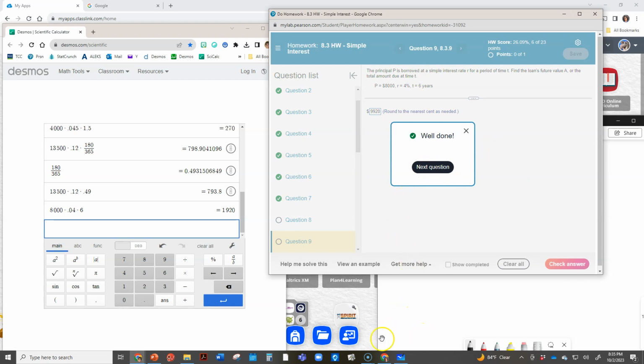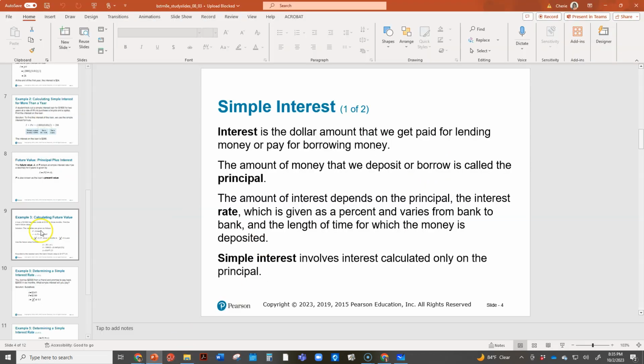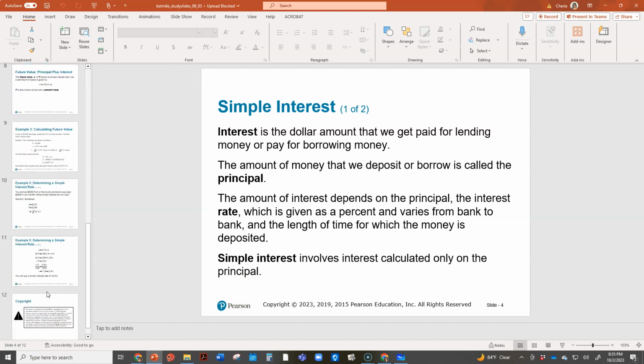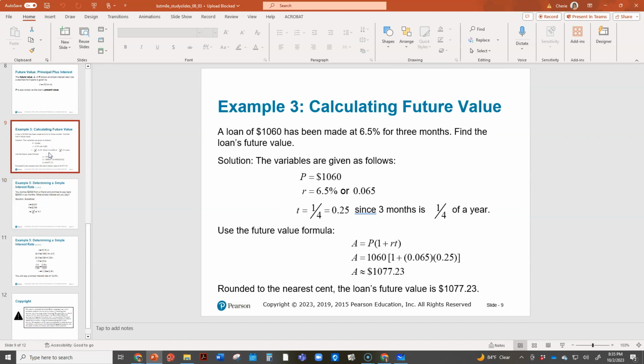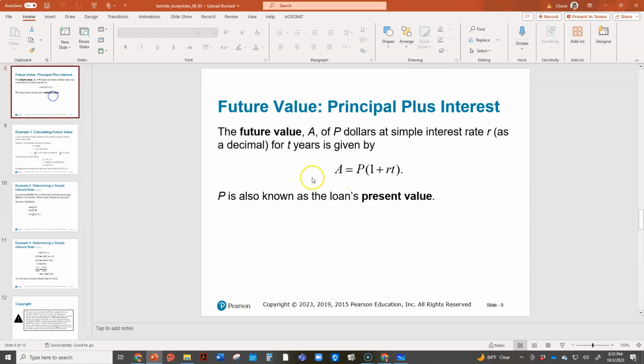That is not the only way to work the problem. If you look at your formula slides, calculating future value, here it is. So this formula right here, and there's actually two formulas, this formula will just find that total amount. You find the interest and you add it to the principal all at the same time.